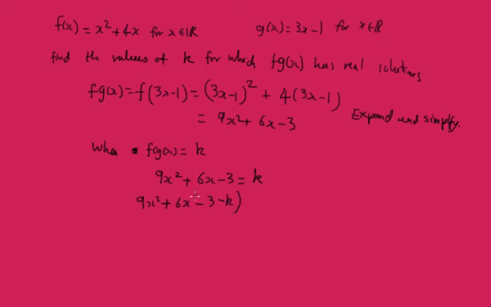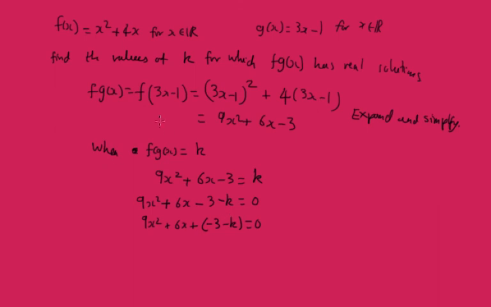Now this is going to be a constant term. Wait a minute, I'll show you what I mean. So 9x squared plus 6x plus, I'm going to put this number here, equals 0. So this is like the term at the end of our quadratic.